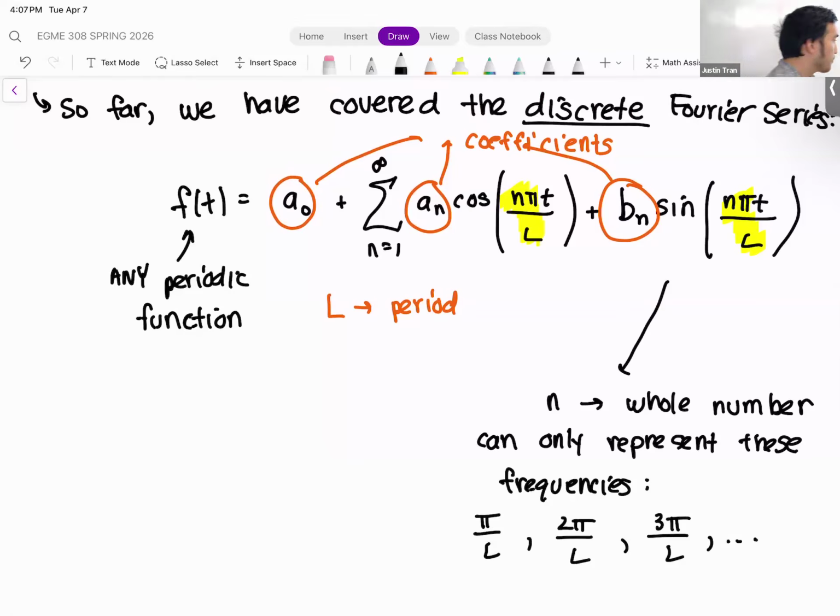In a lot of situations, that's fine. There's no harm in computing just these discrete frequencies. But there are also a lot of applications where we may be interested in some of the frequencies in between these integer multiples.